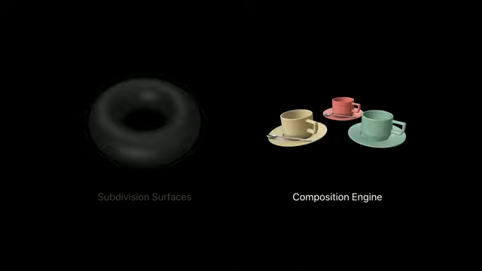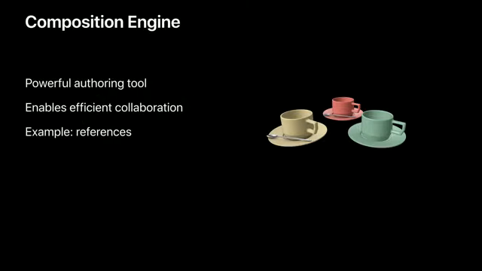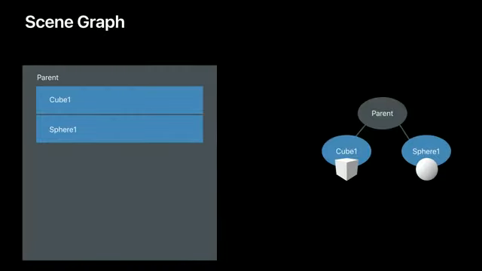Now let's take a look at the composition engine. The composition engine is a powerful authoring tool that enables efficient collaboration between artists. And we'll take a look at an example of references. Here's again a scene graph with two child objects parented under a parent node.